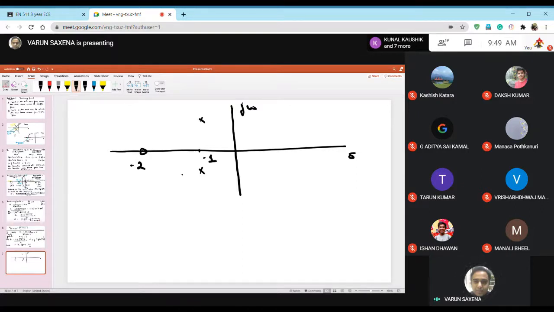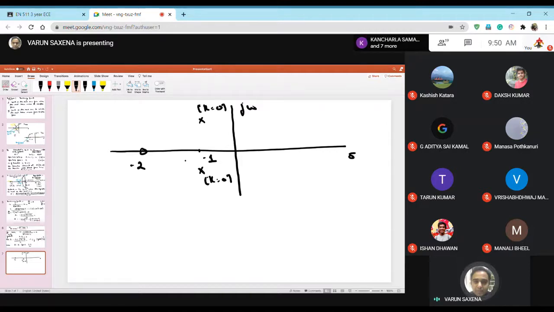Now, based on a discussion, we know that in this case we have two branches that will start from k equal to 0, which means the open loop poles, sorry. And those two branches happen to be this, and they'll start from this.